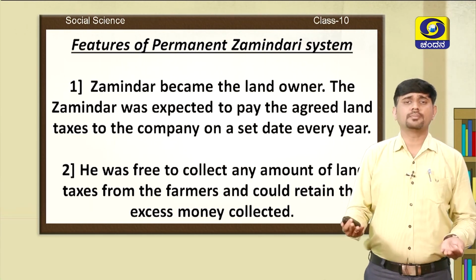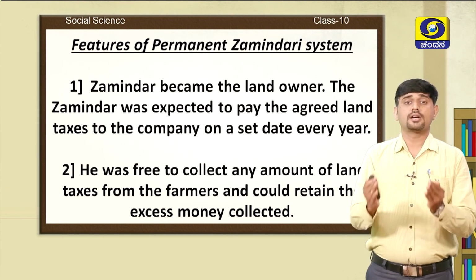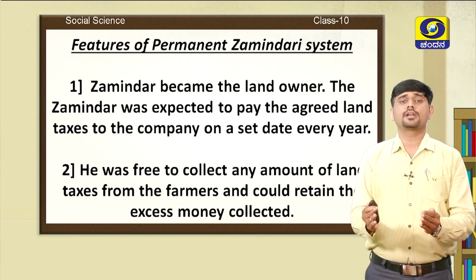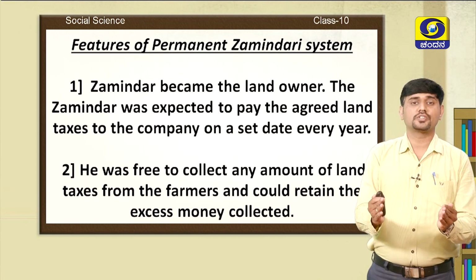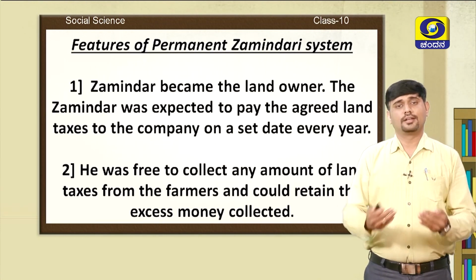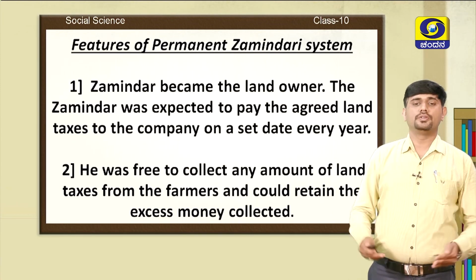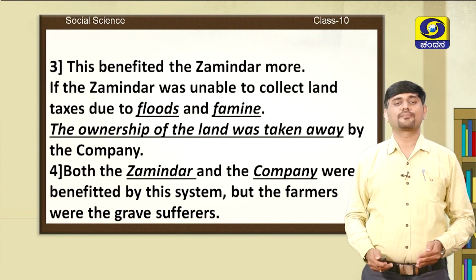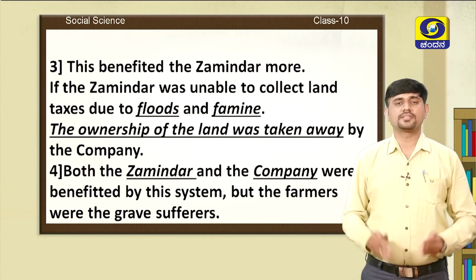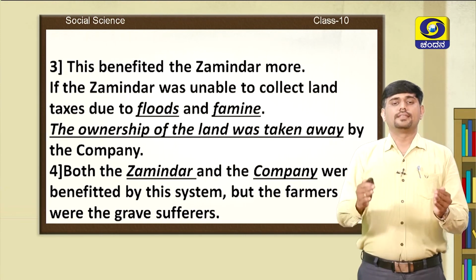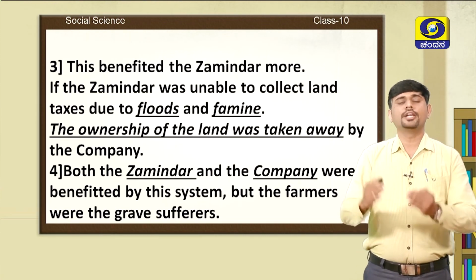They could have collected more, but the agreed money had to be given to the British East India Company. The rest of the money the Zamindars could use. With this type of system, the Zamindar benefited more.